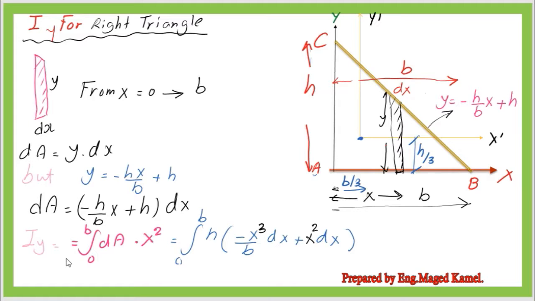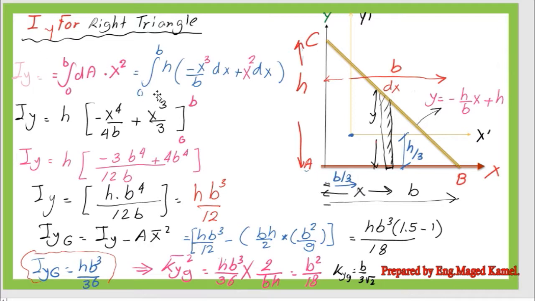So Iy equals the integration from 0 to b of dA multiplied by x squared. Our dA is minus hx over b plus h, dx, multiplied by x squared, and we take h out. So we have the integration from 0 to b of h multiplied by minus x cubed over b dx plus x squared dx inside the bracket.